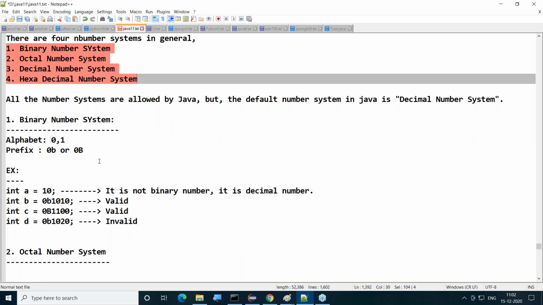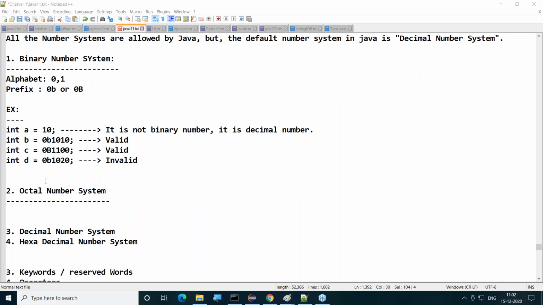In binary number systems, numbers will be represented in the form of zeros and ones only, and that number must be prefixed with 0b, small 0b or capital 0B. Examples I have taken.